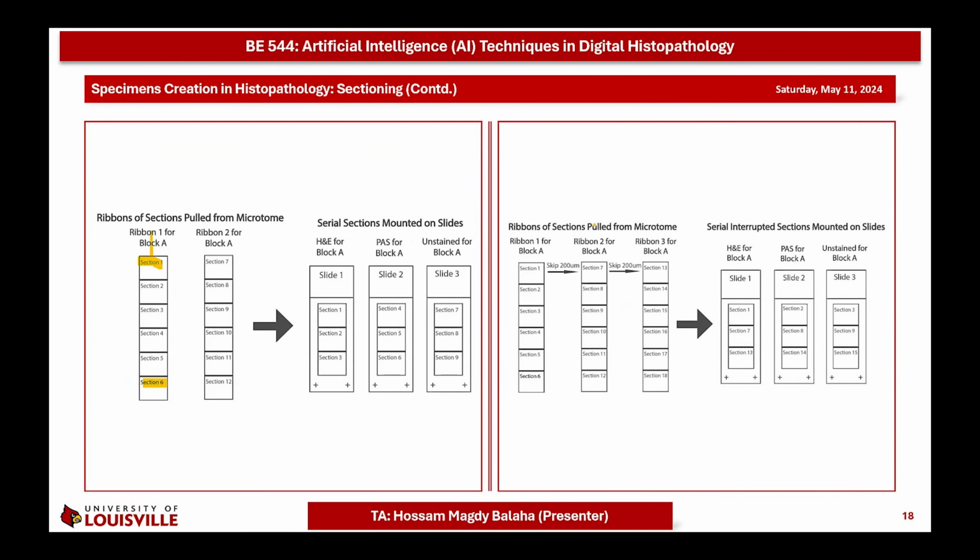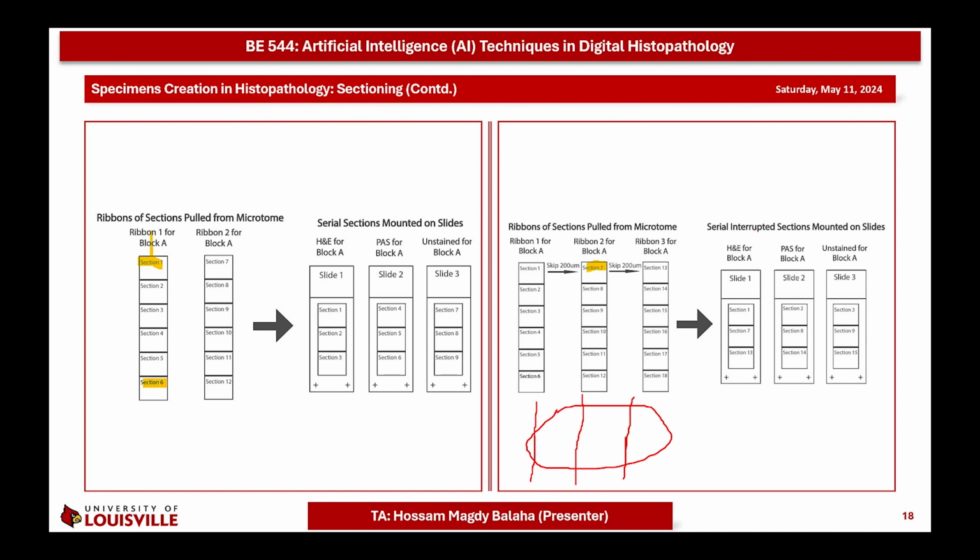So on the figure on the right, the ribbons are similar, but section 7 here comes after skipping 200 micrometers from section A. So if you have a tissue like that, the first ribbon will be here, and after 200 or 300 micrometers, the second ribbon will be here, and the third will be here, and so on.